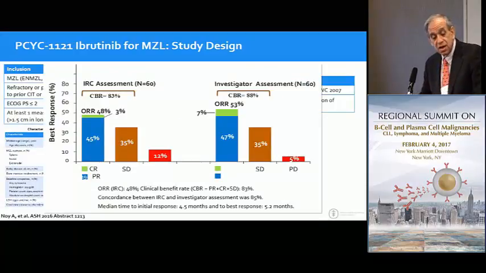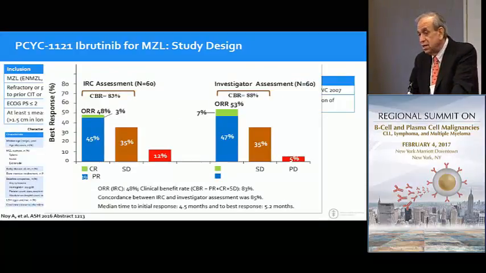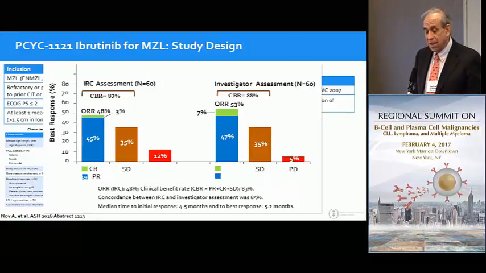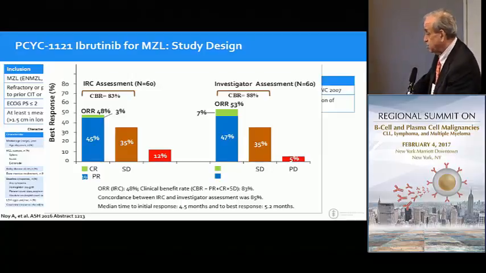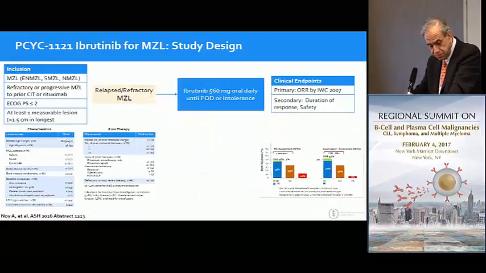Here are the response rates, and the investigator and independent review responses are really quite similar, about 50% overall response rate, and this response rate met the criteria pre-specified and has enabled a label extension for ibrutinib into marginal zone lymphoma.